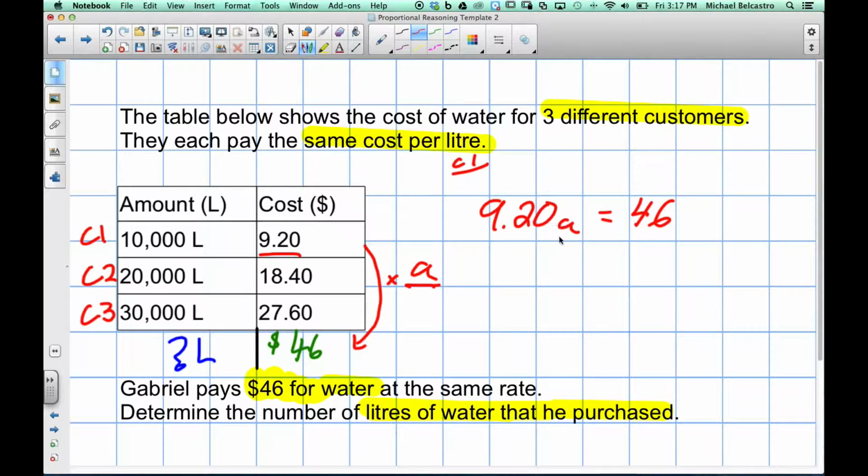Now in order to isolate for a, we need to divide 9.2 or $9.20 on both sides. On the left side, it will reduce the a value to an a value of just 1. Now a lot of times they call this canceling out, but really what it is is 1 times a, which is the value of a.